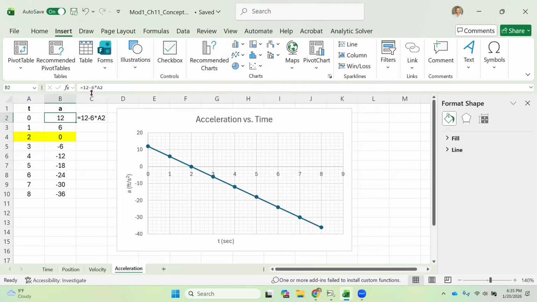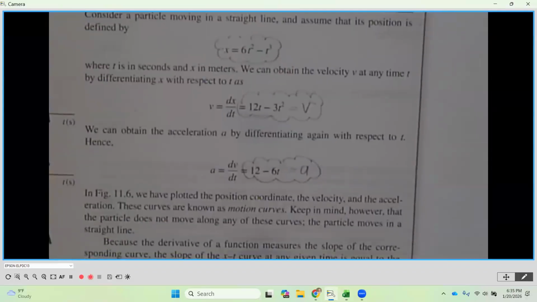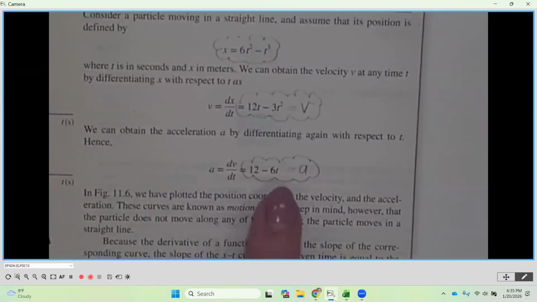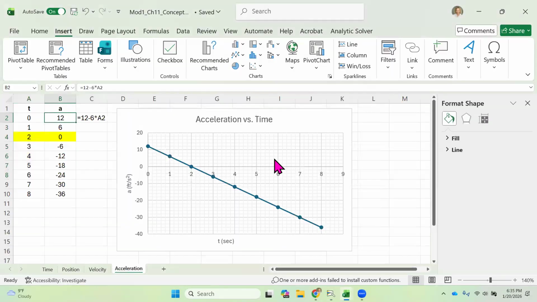The cells are going to be programmed with the equation for acceleration, so the 12 minus 6t. And if we go back here, then the chart over on the right-hand side is going to be representative of the two columns, time and acceleration. And then you just want to add the labels and change the items that we see here.